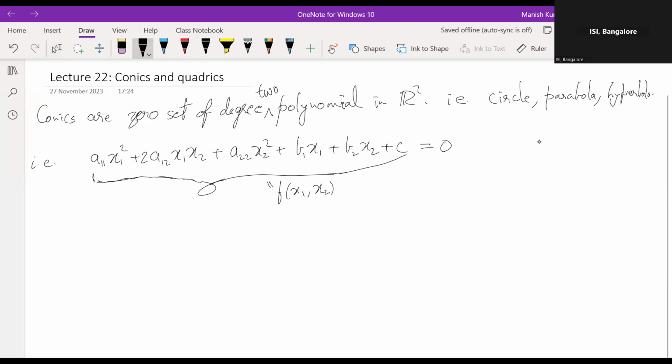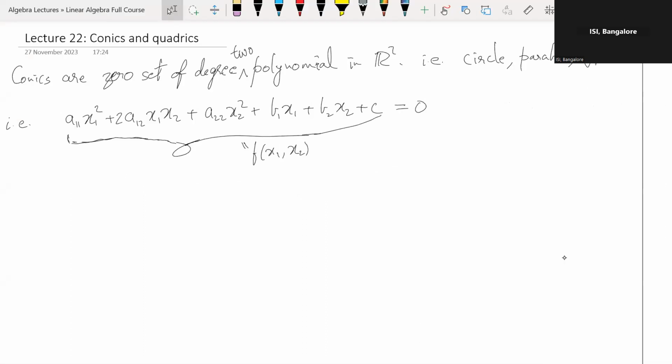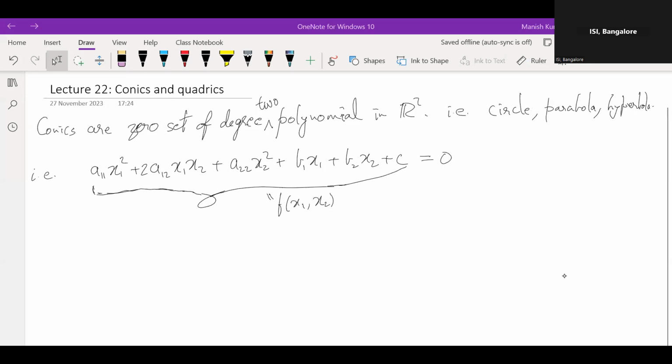Okay, somehow this display is vanishing. If I can change this display. No, this is not what I wanted. One second, let me set this up and then we'll do it.